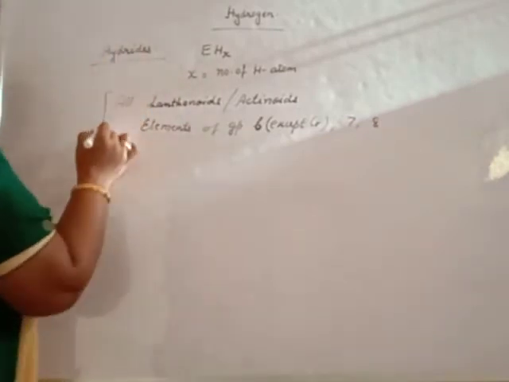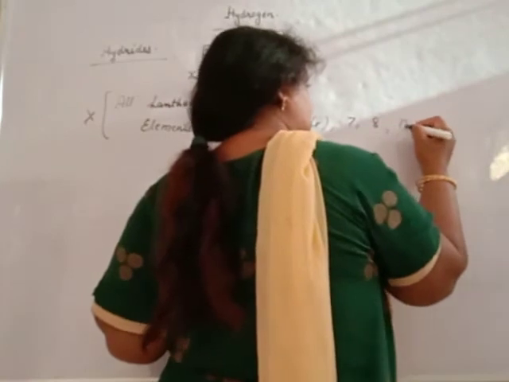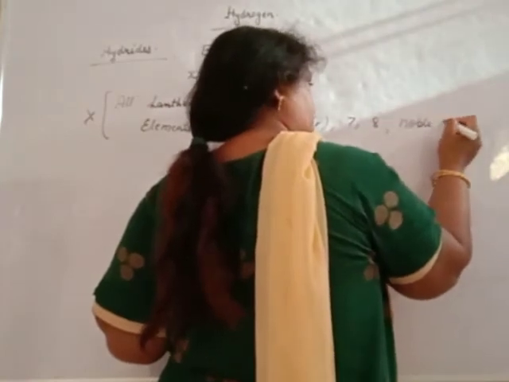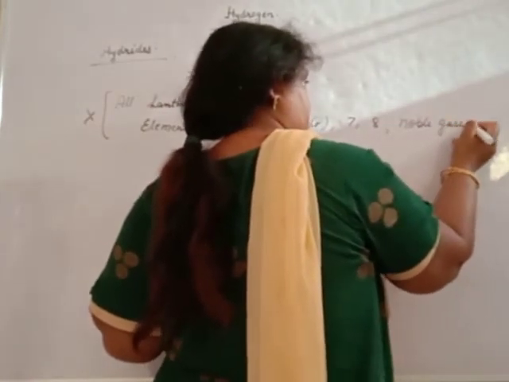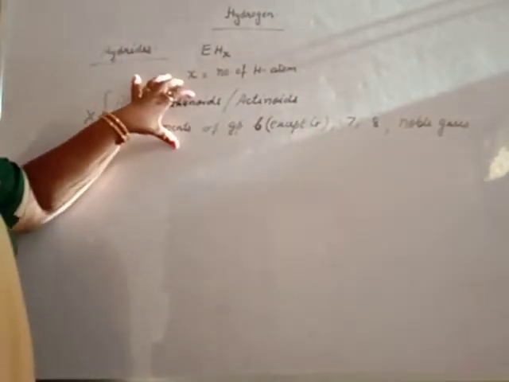Beta, they do not form any hydride. And noble gases also. These are the elements which do not form any hydride.